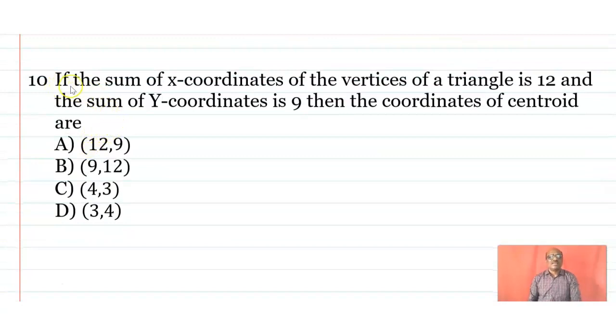Question number 10. If the sum of x coordinate of the vertices of a triangle is a 12 and the sum of y coordinate is a 9, then what is the centroid? मग centroidचा फॉर्म्युला आहे.